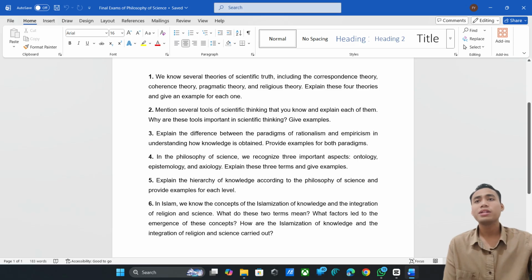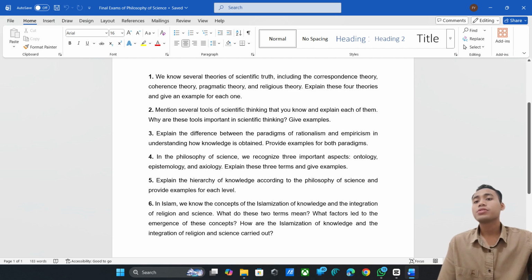For example, we know fire is hot because we felt and observed it. So the difference is rationalism depends on reason, while empiricism depends on experience. And now go to the fourth question.